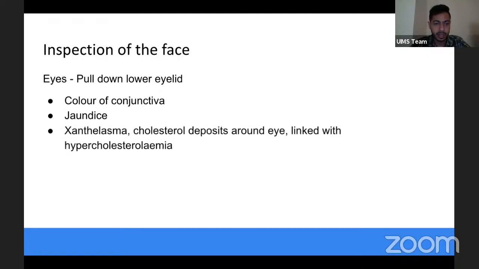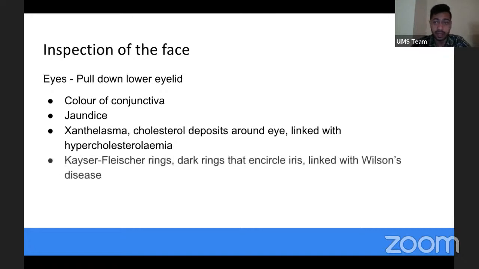The next thing is xanthelasma. Xanthelasma is yellow raised cholesterol-rich deposits around the eyes, and this is typically linked with hypercholesterolemia. In the next slide, I will be showing you images of what xanthelasma looks like. The final thing we need to look for in terms of the eyes are Kayser-Fleischer rings.